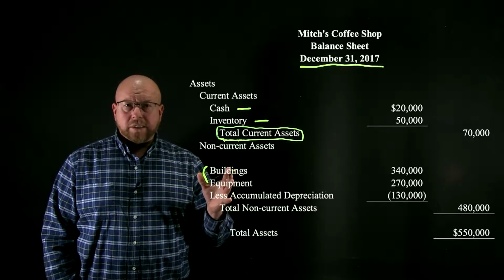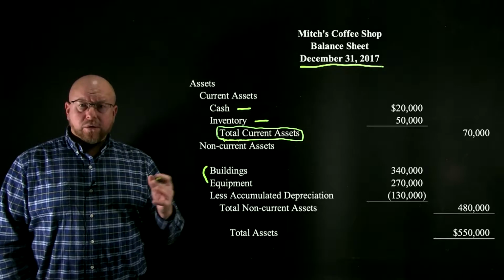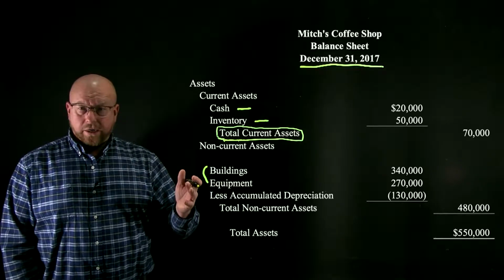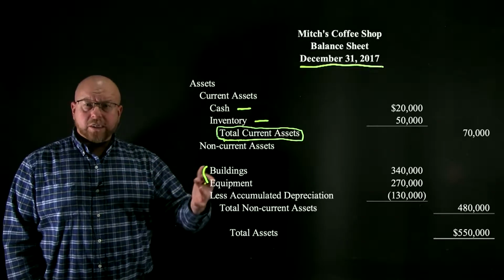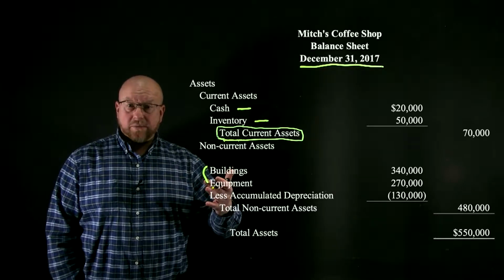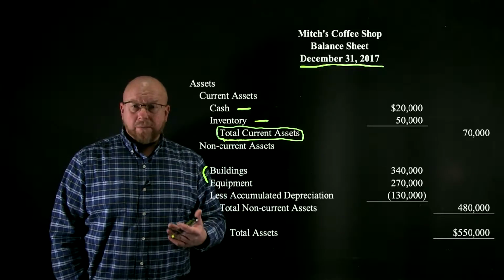Very commonly conceived, the next 12 months is often the litmus test here. So in other words, think about that 12-month time frame. Cash is already there. We hope that inventory will become cash within the next 12 months. What we have to do with that inventory is sell it to our customers, hopefully at a markup with a profit, and then that will become cash.